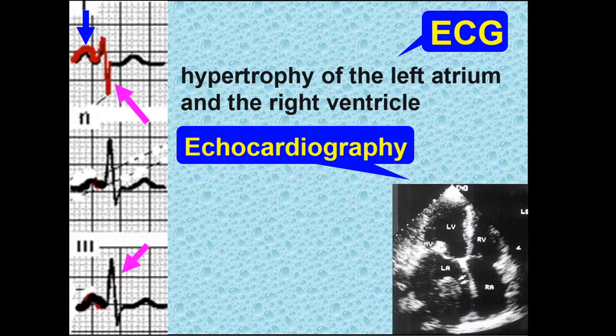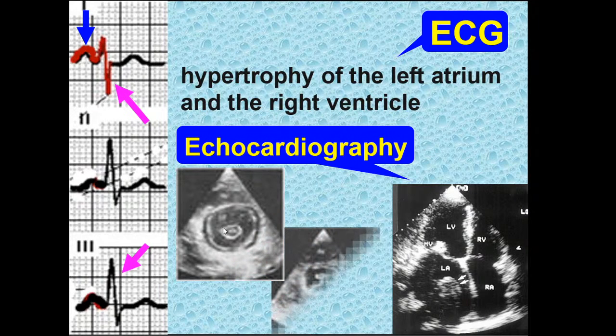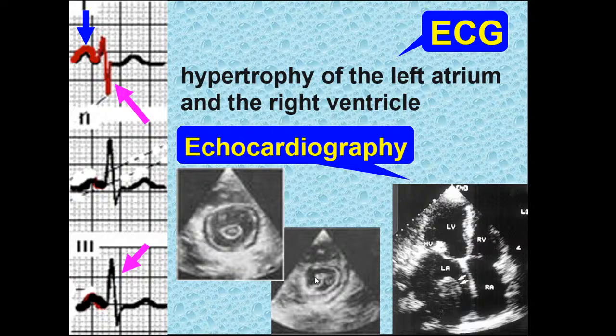You see a dilated and hypertrophied left atrium compared with the normal right atrium. Also, you can assess the diameter of the mitral orifice.